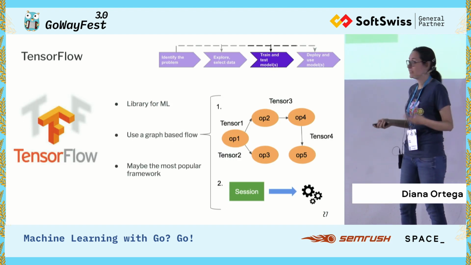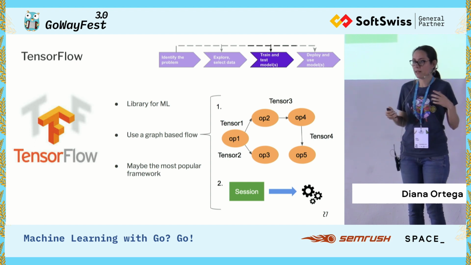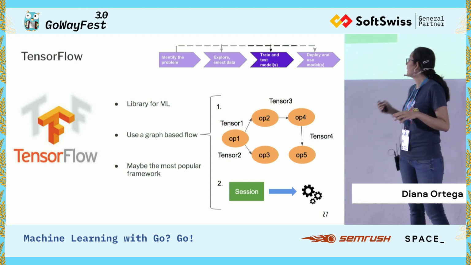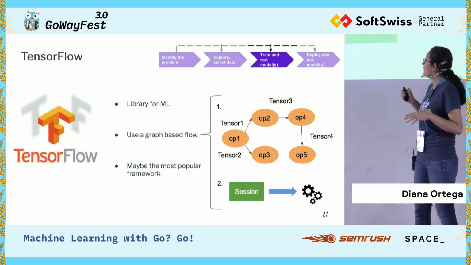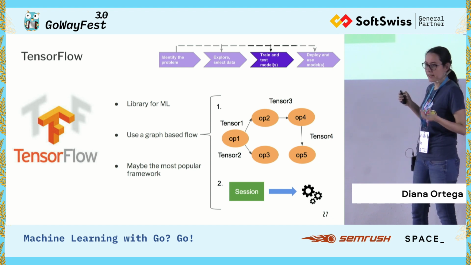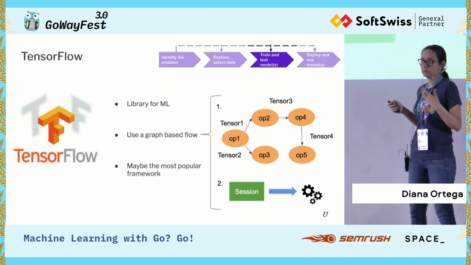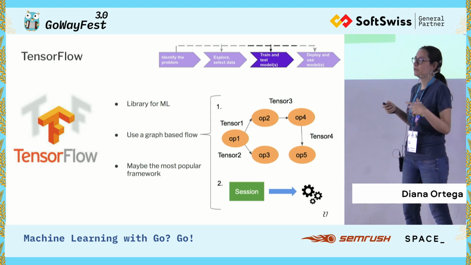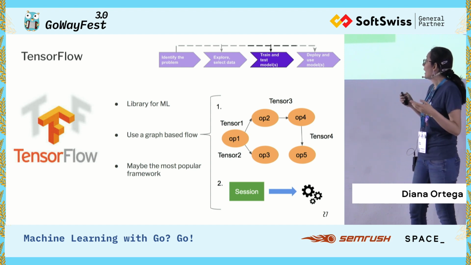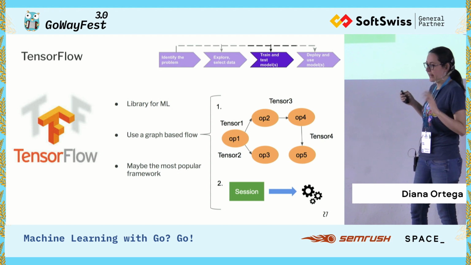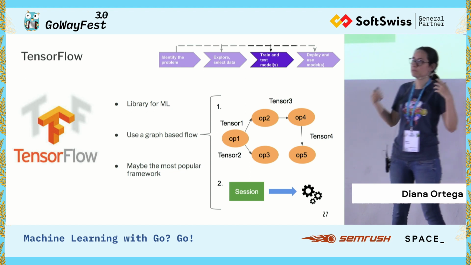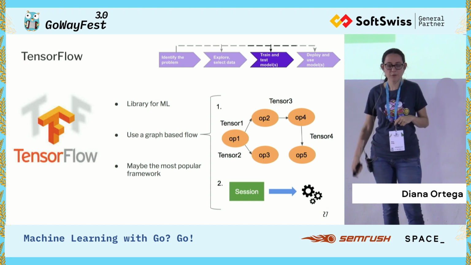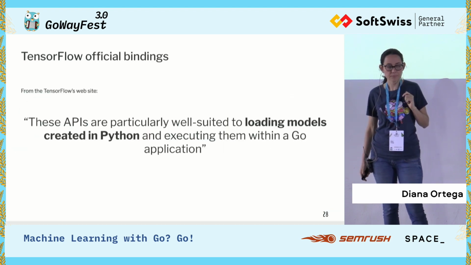The graph-based flow means that when you are programming, you create a graph where the nodes are the operations, for example a convolution or something like that, and the tensors are the data. Then you create a session and you create the model.